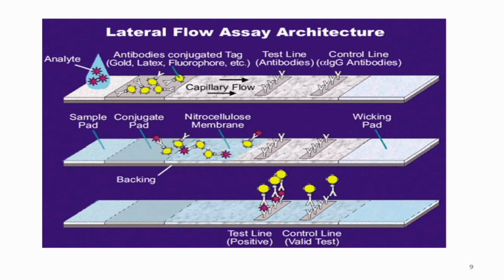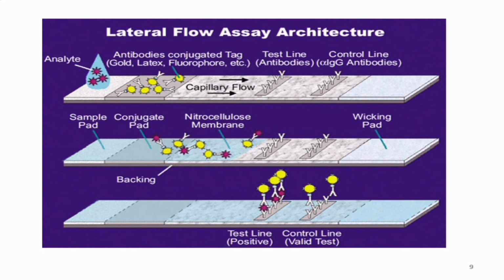And that was the sample that may or may not have contained antigen. And then the liquid started to flow through this paper. And the first thing that happened is the liquid hit this region. And it picked up all this stuff. So all this stuff started to flow this way too. It's a lateral flow test.